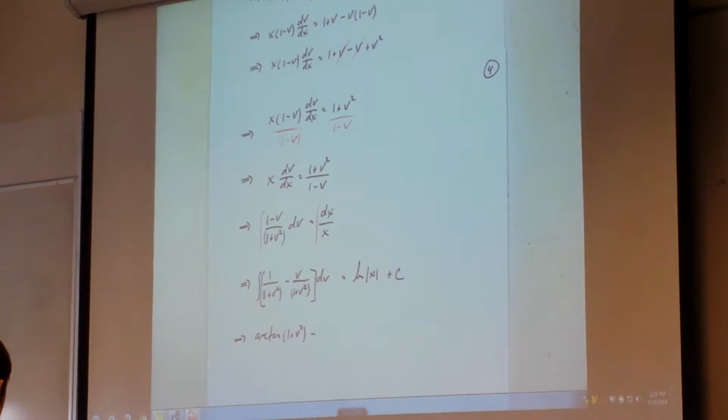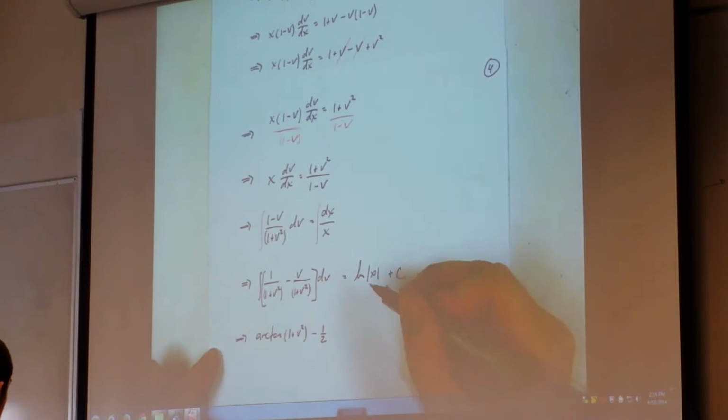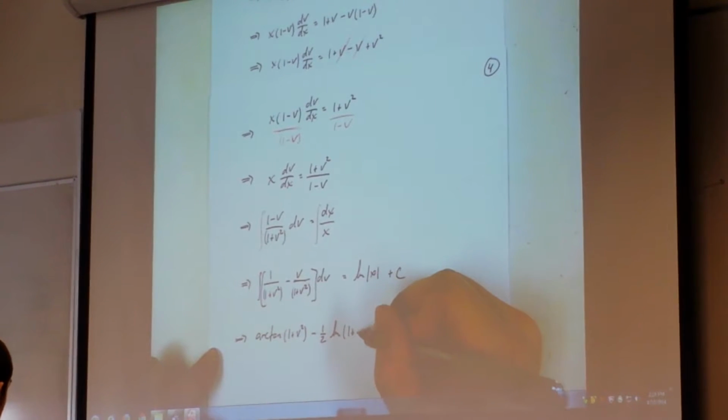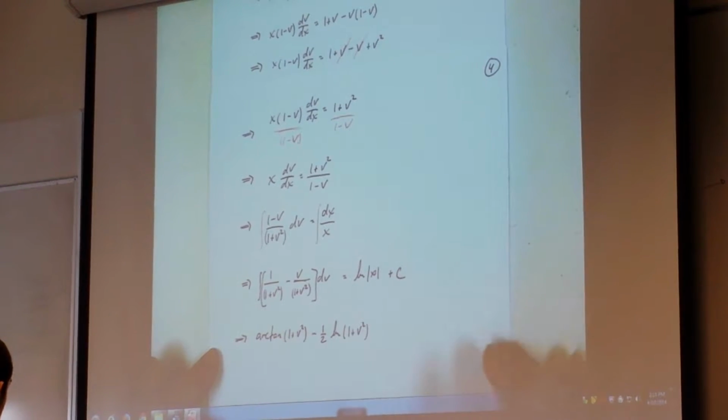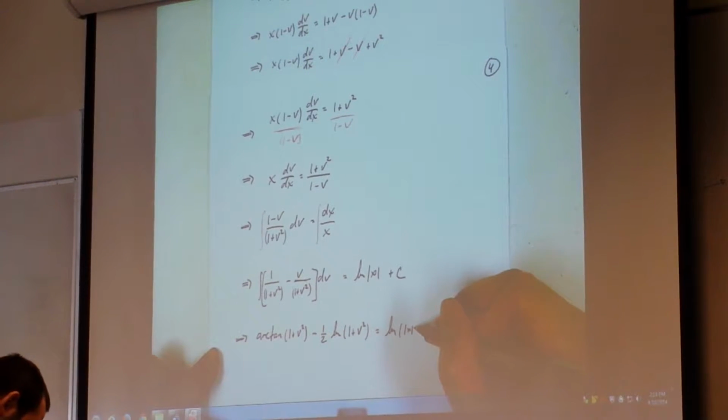If u is 1 plus v squared, then up top you got almost the derivative of that, but you have 1/2 of it. So if you follow that through, I think you get 1/2 natural log 1 plus v squared equals natural log x plus c.